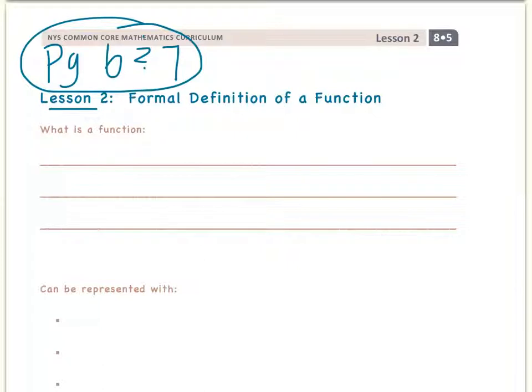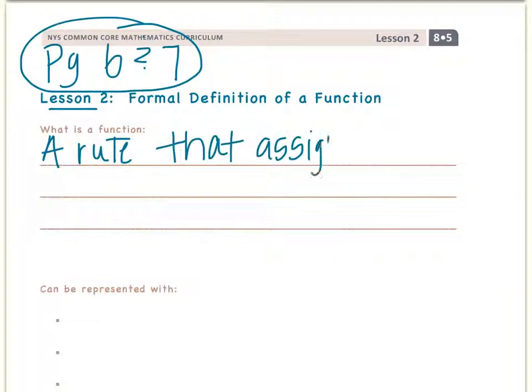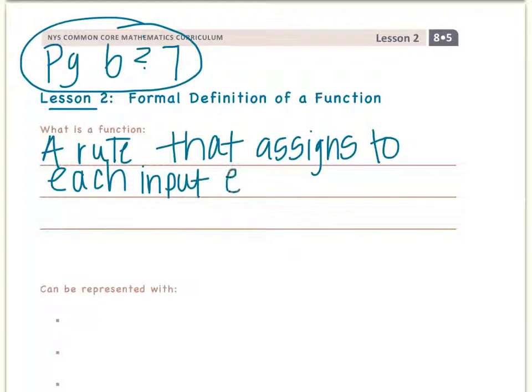So first and foremost, you need to know what a function is. A function is a rule that assigns to each input exactly one output.